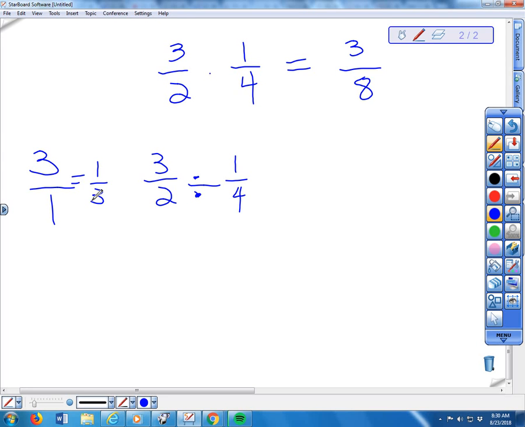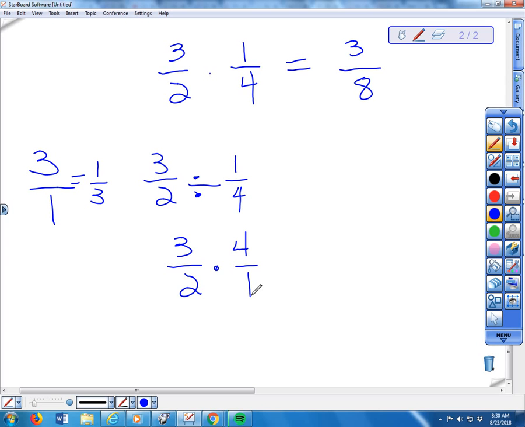Okay? So to divide by a fraction, I'm dividing by 1/4. I multiply by the reciprocal. That's the rule for division. If you are dividing by a fraction, you multiply by the reciprocal. And the reciprocal is just the flip of what it used to be.